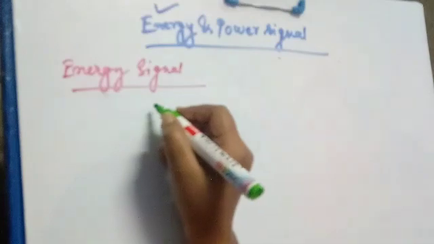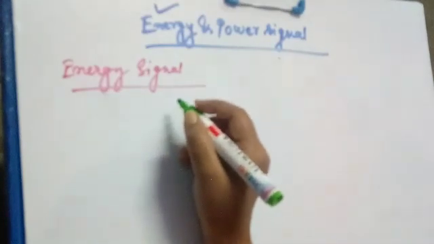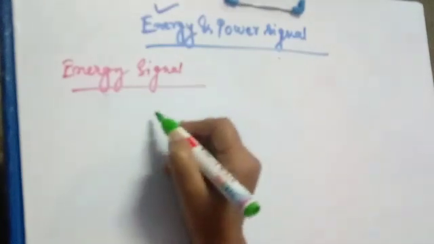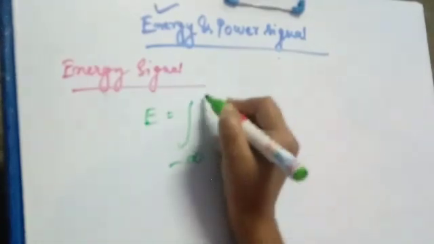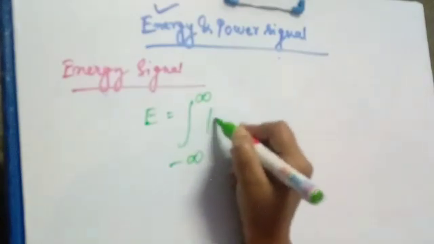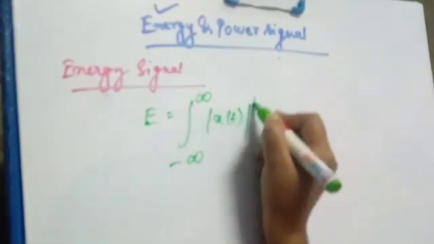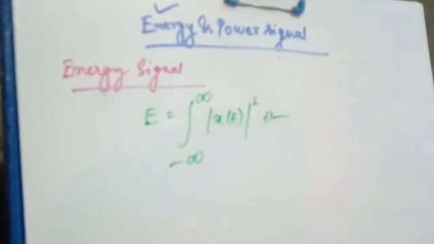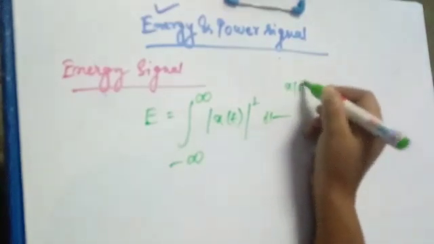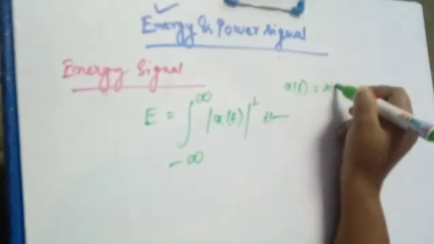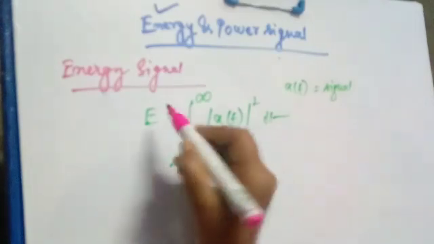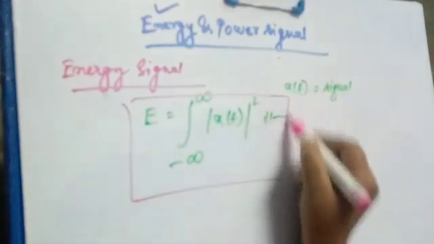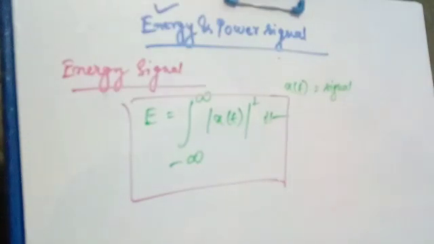If x(t) is a signal, then its energy E is the integral from minus infinity to infinity of the mod of x(t) squared dt, where x(t) is the signal. So this is the expression for an energy signal.